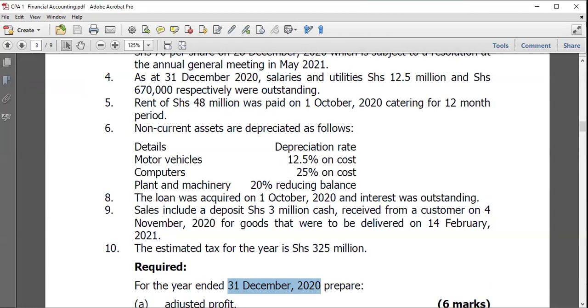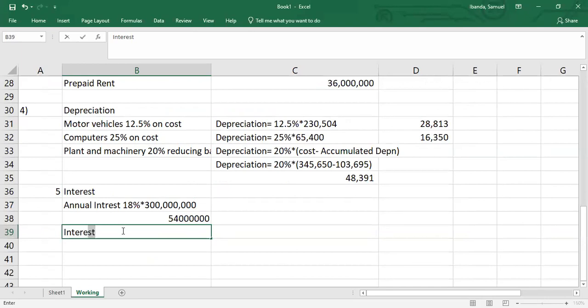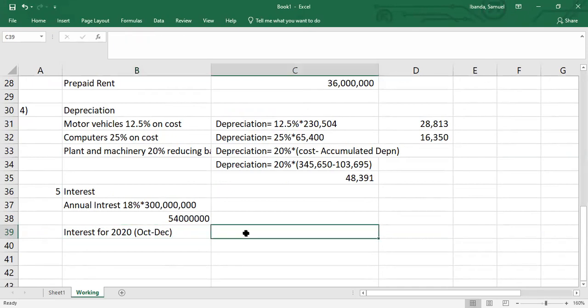So from what you've calculated as your annual interest, the interest for 2020, meaning October to December, will be 3 months divided by 12 times the 5.4, basically 54 million, which gets me to 13,500.